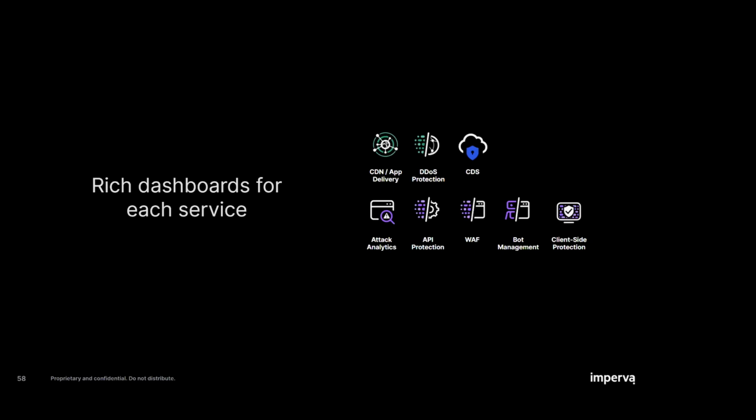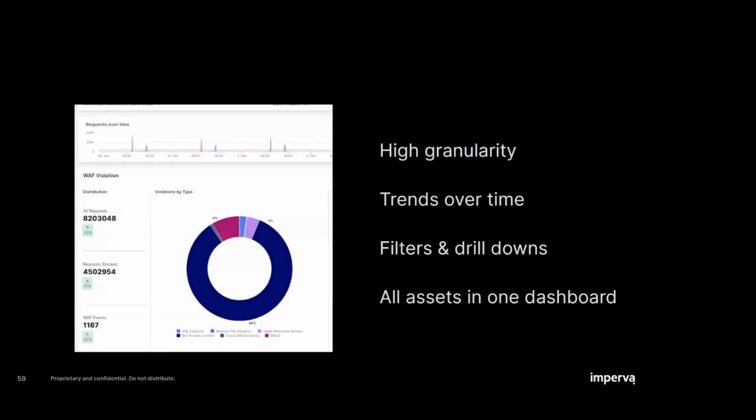So we have dashboards for Cloud WAF, for Web DDoS, we have dashboards for ABP, for CDS, and all the other cloud services that we have. And these dashboards present data in high granularity, trends over time, filters and drill downs. They have all assets in one dashboard and additional features.